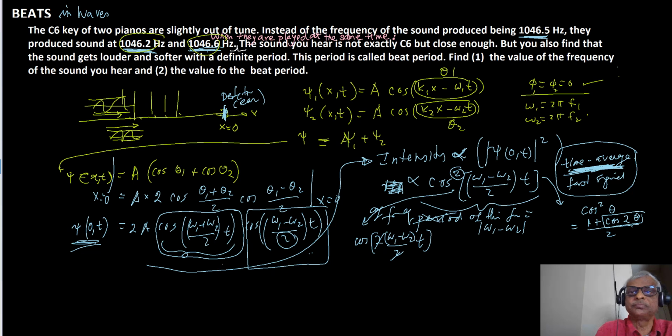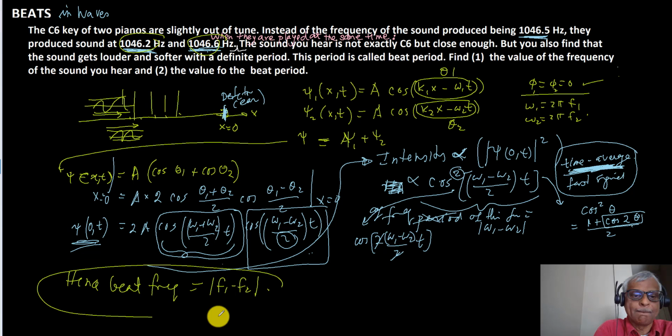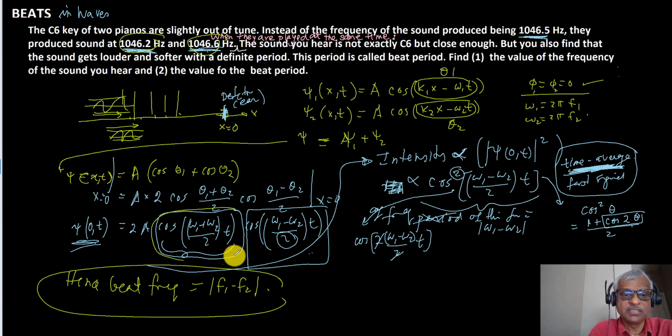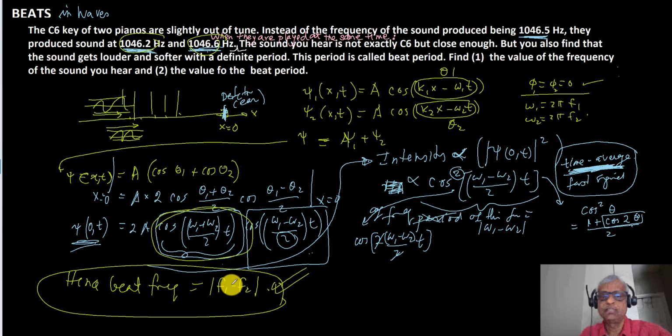Hence the beat frequency is equal to f1 minus f2, and this one is the fast frequency, and that's obvious. I don't need to explain that. But why there's no 2 in the beat frequency is because when I'm averaging over the fast signal, there are two variations here.